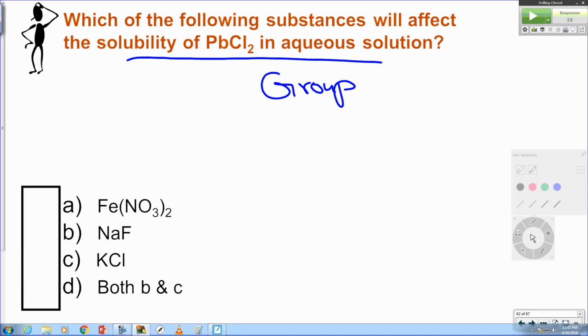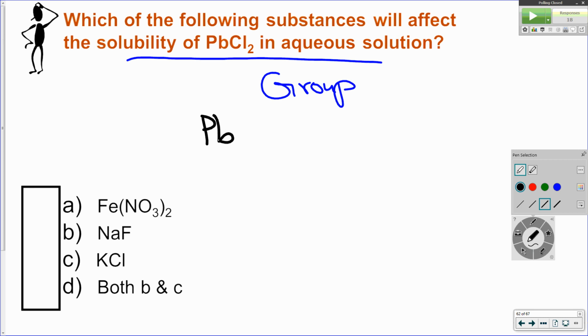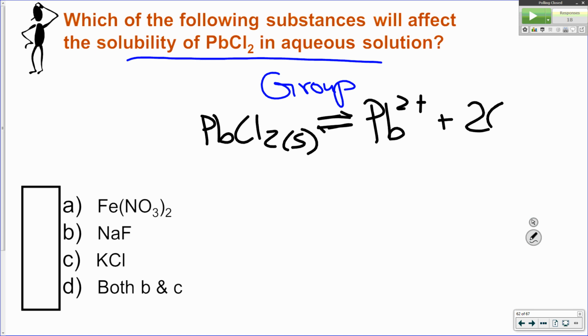So the way you address a problem like this is you look at the compound whose solubility is of concern, and you look, is there anything that can alter either one of these ions? Would they be changed by pH, or would they be a co-ion in something? So iron nitrate, if it dissociates, produces iron 2+ and the nitrite ion.